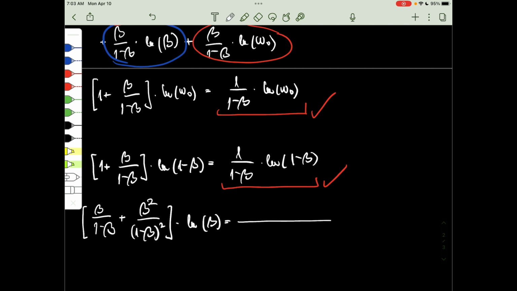It's a bit more complicated, but it's not complicated, just a bit more complicated. So let me skip the steps.